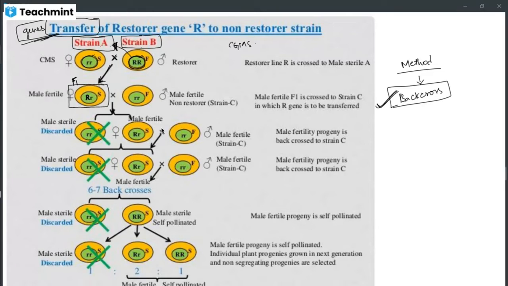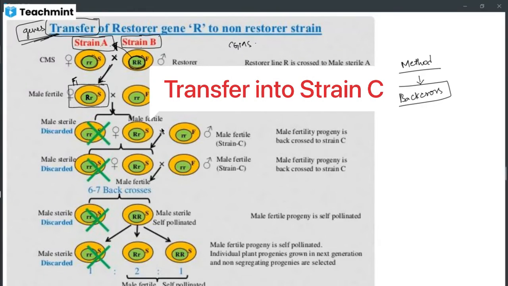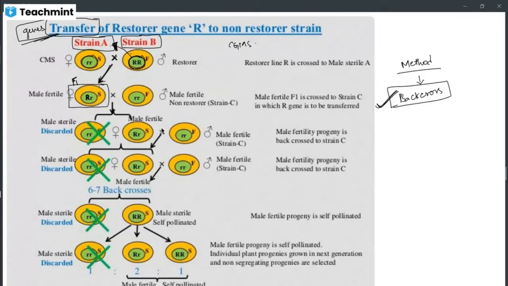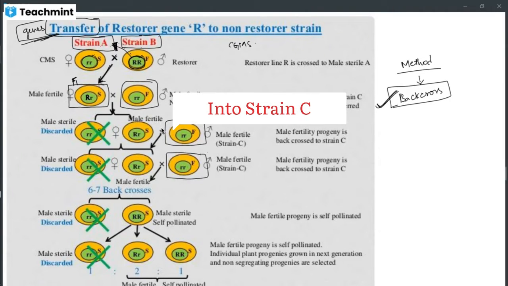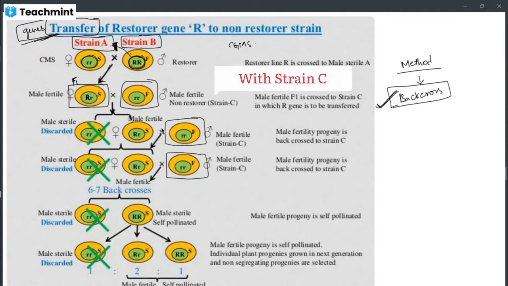Yes, sir. So if you want to transfer this into strain A, what you need to do is continuously backcross with your strain A. Okay. After 6 to 7 backcrosses, what you will be having is this line.